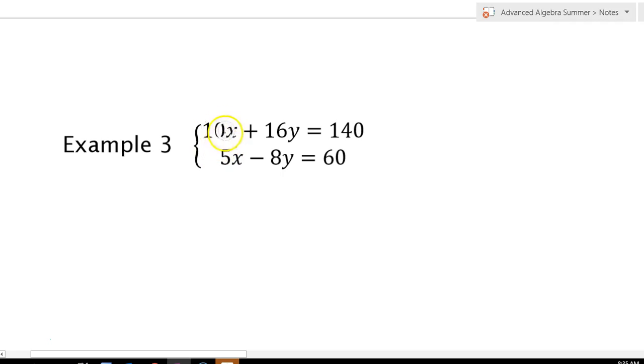Well, I know 5 times 2. I'm going to multiply the entire equation by negative 2. Multiply negative 16 positive 16y. Multiplying these negative.